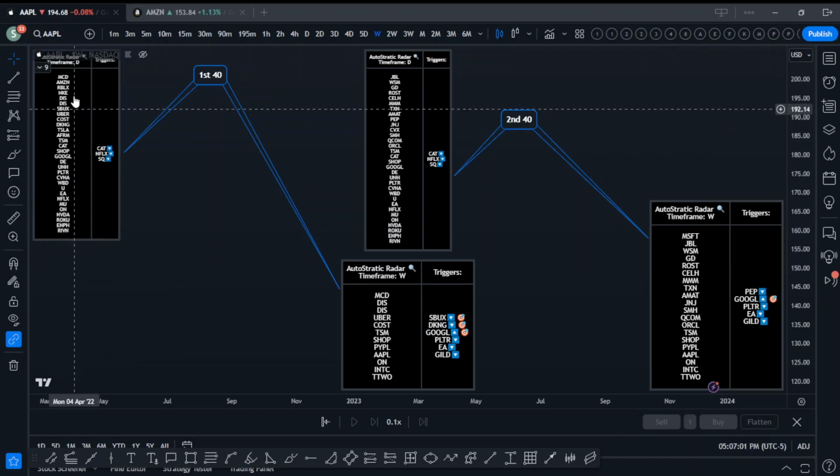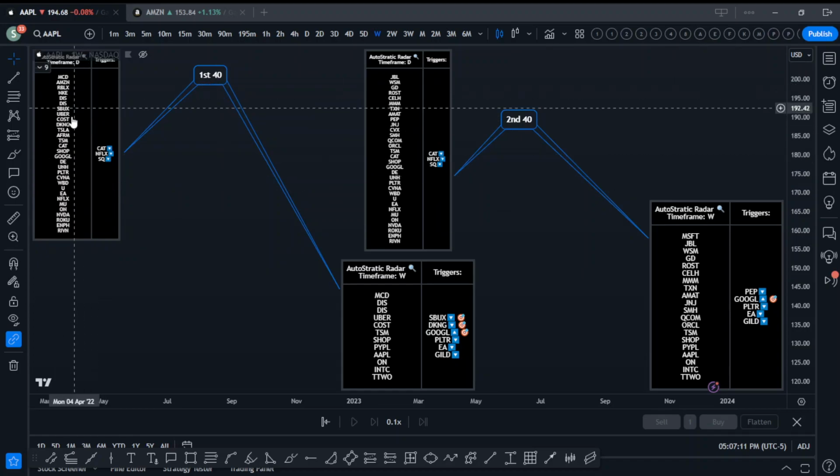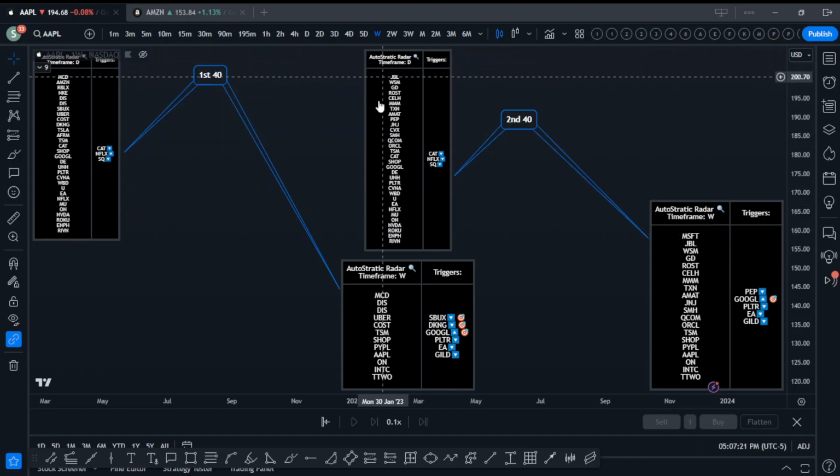By eyeballing this, I run down the list and see what comes up twice. This indicator on the top left is on the day time frame. This is also the day.